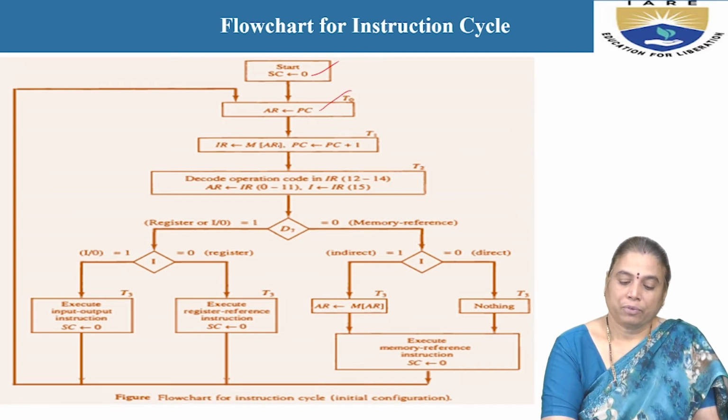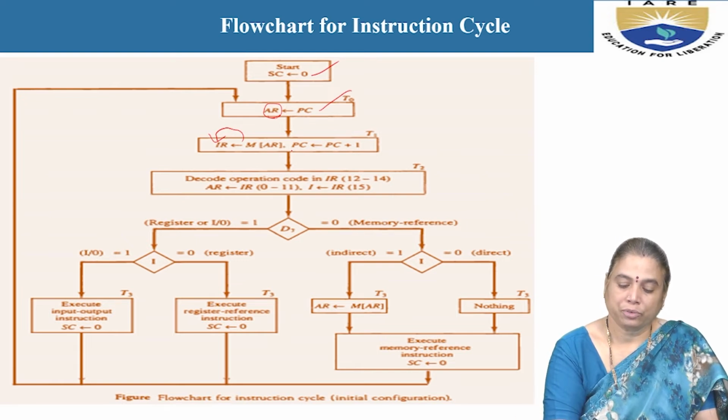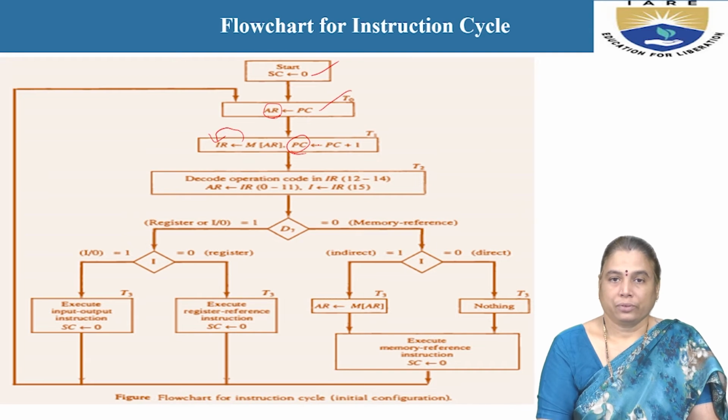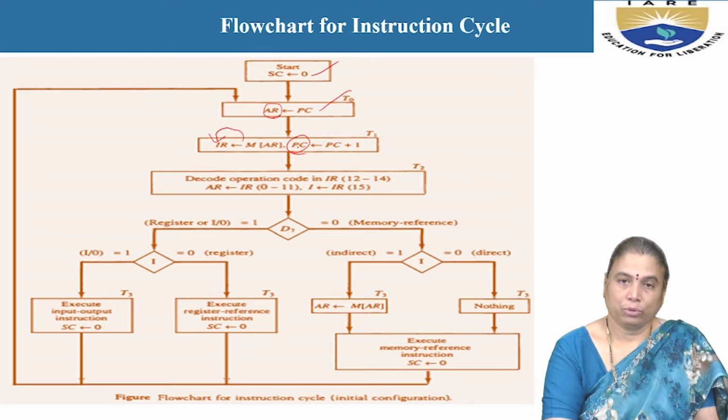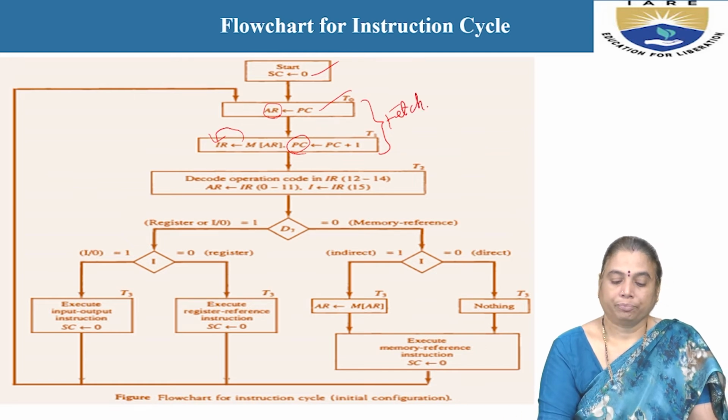From the memory address register pointer, that instruction can be retrieved and stored in the IR, and the PC value can be incremented so that it moves to point to the next instruction. So IR points to the address of the current instruction. PC is pointing to the address of the next instruction being executed. These two make up the fetch phase or the fetch cycle.